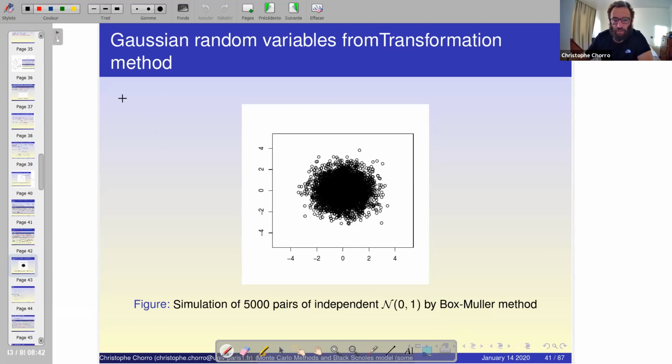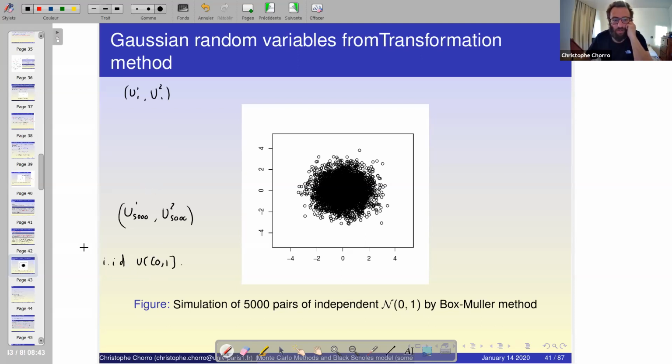I have used pairs of uniform variables, U11, U21, until U1 5000, U2 5000, all of them IID uniform on the interval 0, 1. So I have here 10,000 independent random variables following a uniform on the interval 0, 1.